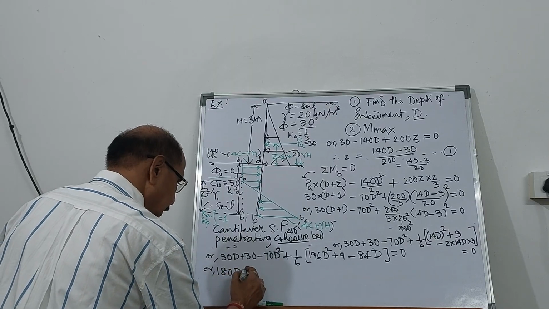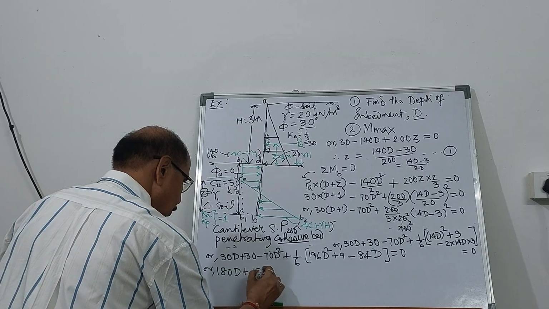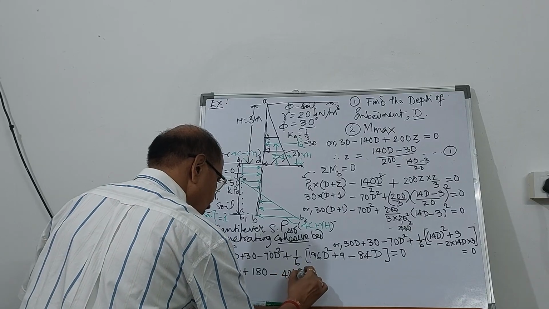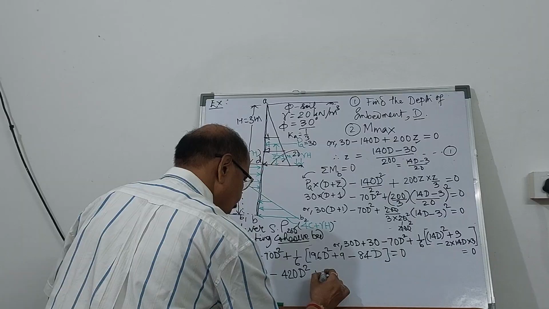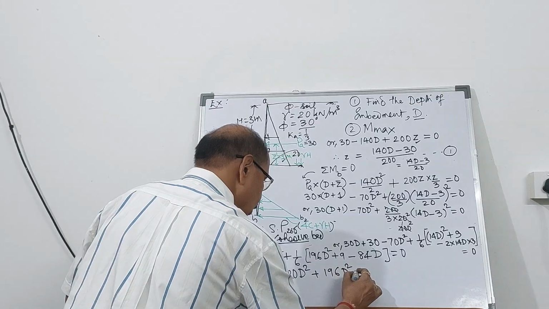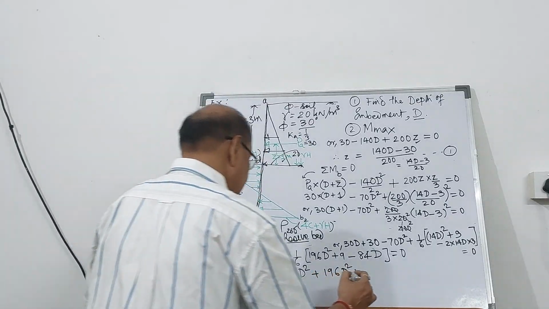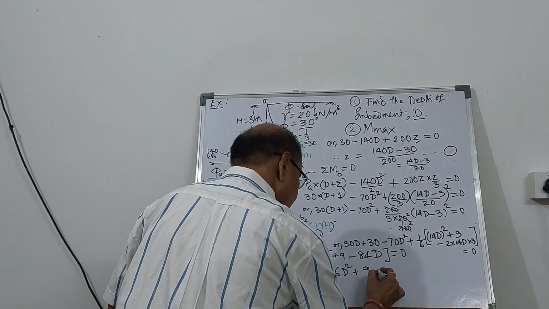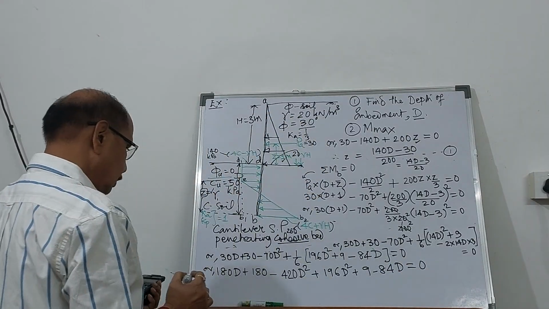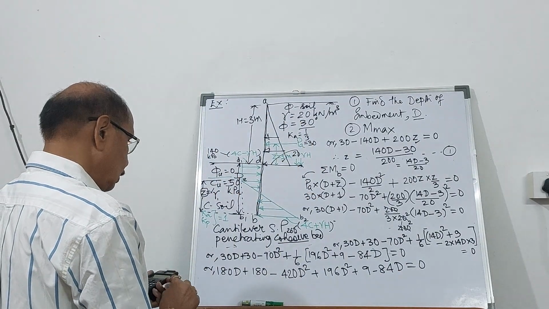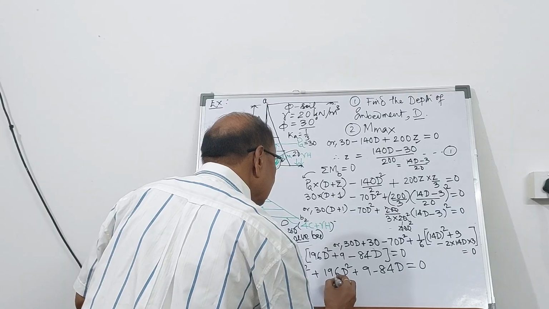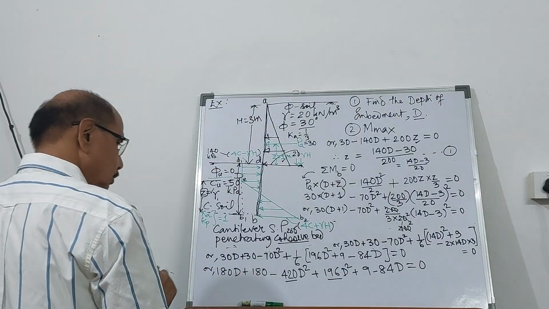Or 180 d plus 180 minus 420 d square plus 196 d square plus 9 minus 84d equal to 0. So we can take this together, d square value.